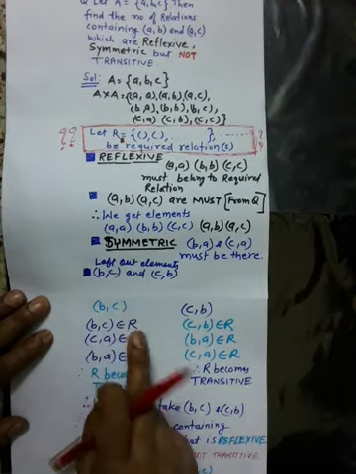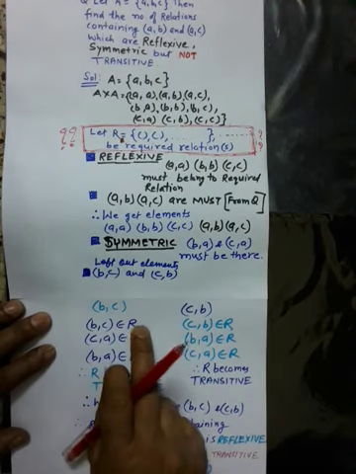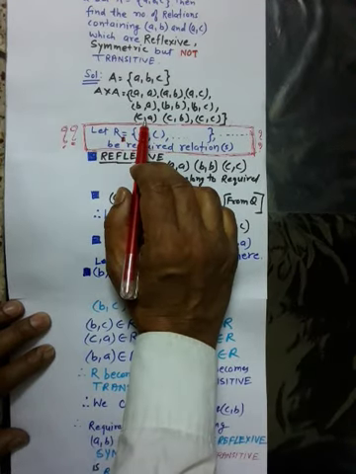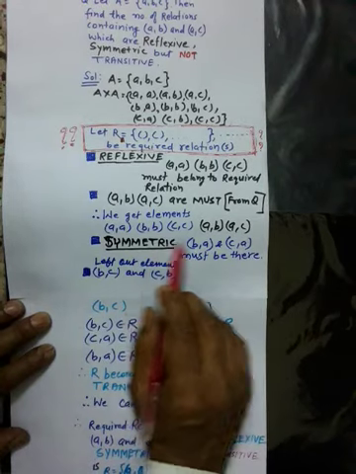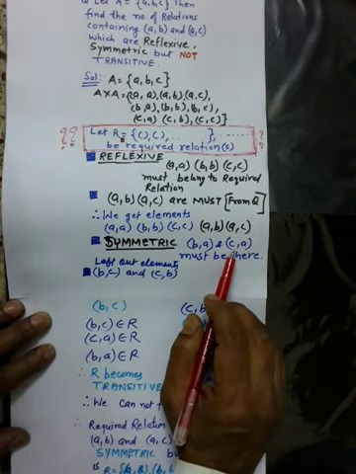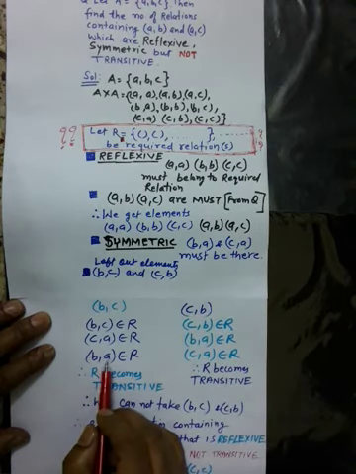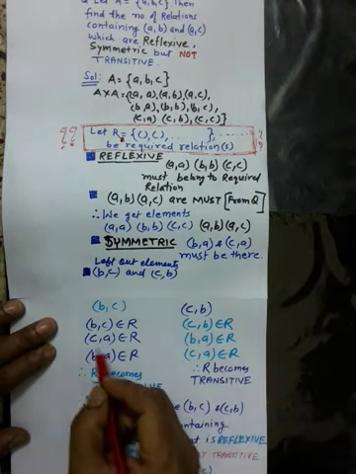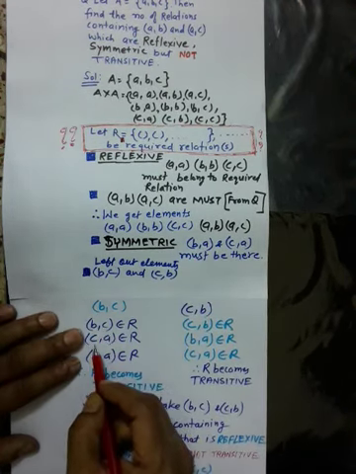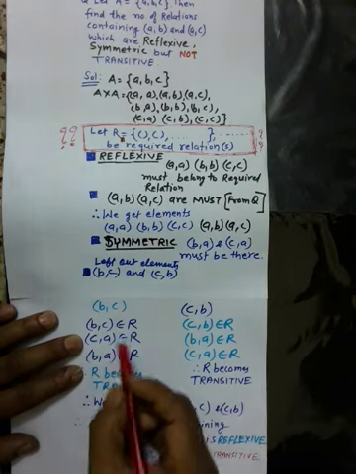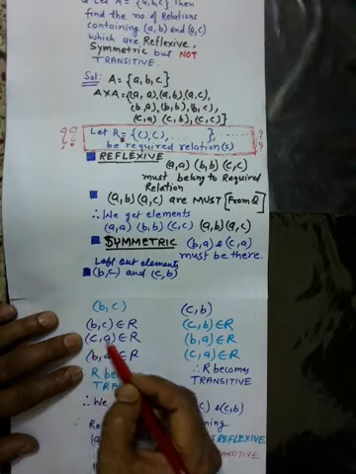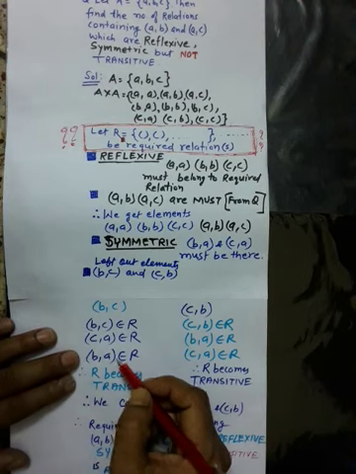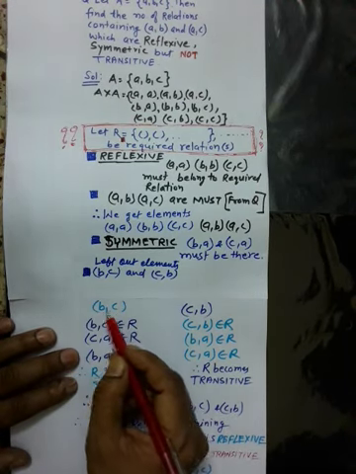If we take (b, c) in that relation, then what happens? (b, c) we are taking, (c, a) is already there, present from this. (b, a) is also present. Now (b, c) is present, (c, a) is present, (b, a) is present, therefore it becomes transitive. It becomes transitive if we take (b, c).